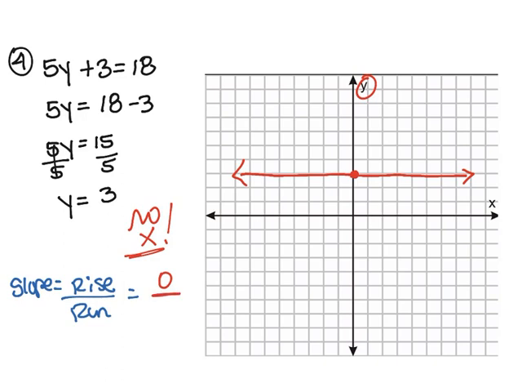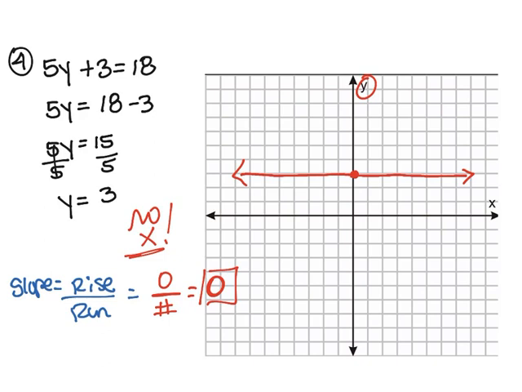But this line is running. And what I mean by running is it going left and right. And it is. It's going any number you want it to, left and right, but it's never going to go up. So when I look at the fraction, 0 on top of any number is just 0. So that tells me that the slope of this line is 0.